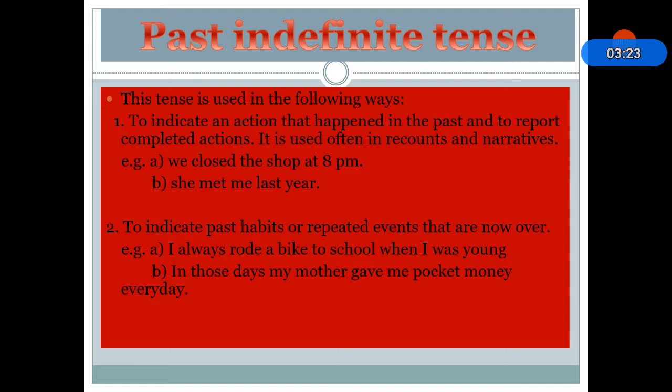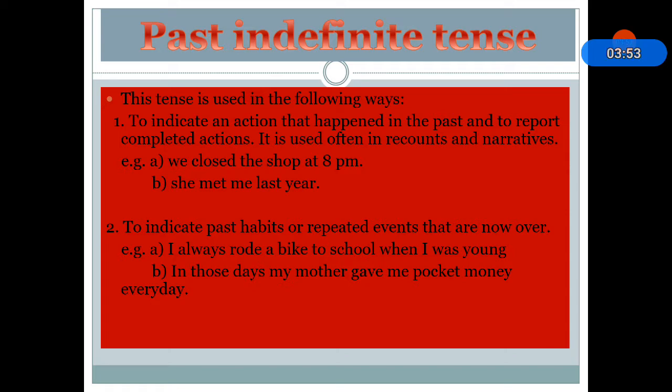Or we can say that this tense is also used without an adverb of time, and in such cases the time may be either implied or indicated by the context. For example, I learnt Punjabi in Chandigarh. This tense is also used to indicate another action which happened in the middle of a longer action. Example, the light went out while I was watching my favorite TV serial.